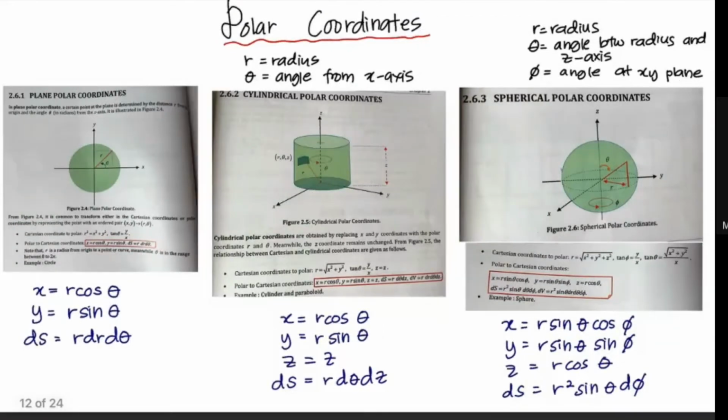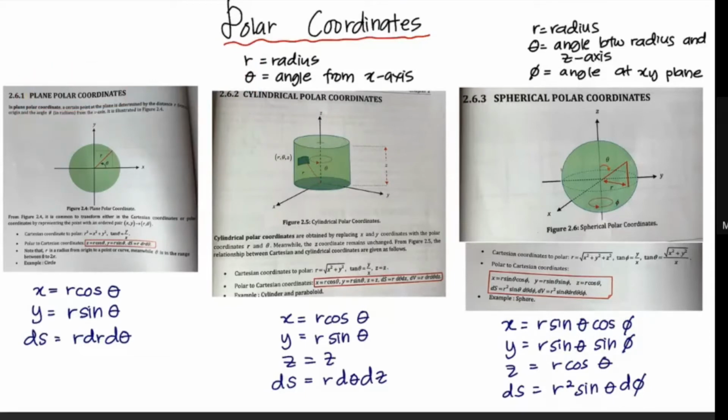Let's recall polar coordinates. We have Cartesian coordinates x, y, z and polar coordinates. Polar coordinates are in the form of r, where r is the radius, and also the angle. So this is the coordinates for plane.